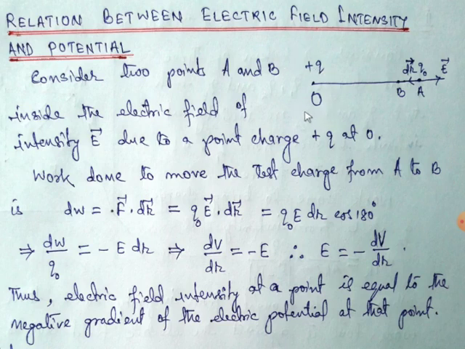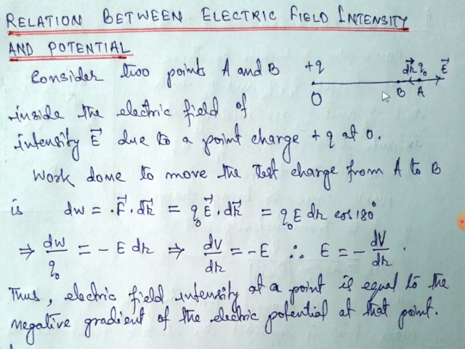We need to find the relation between the electric field E at this point and the amount of work done in bringing a test charge from infinity up to this point. Let's find it out in that way, and we will see the relation between electric field intensity and electric potential.